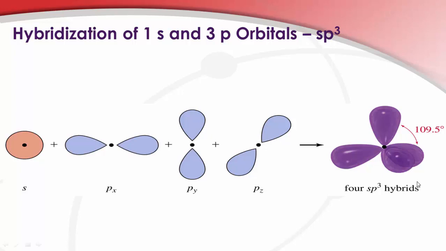What we have are four locations for electrons to bond, each of them having some character of s and some character of one of the p orbitals. And what results then is four sp3 hybrid orbitals.